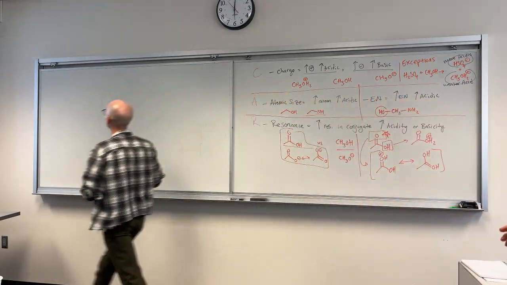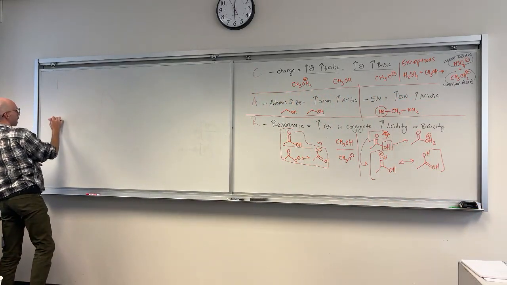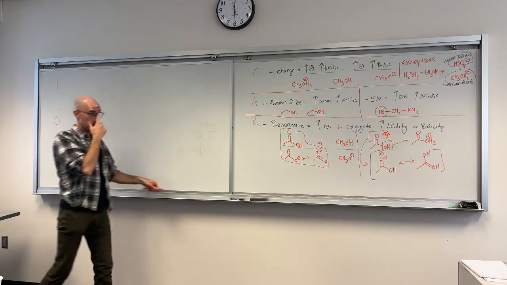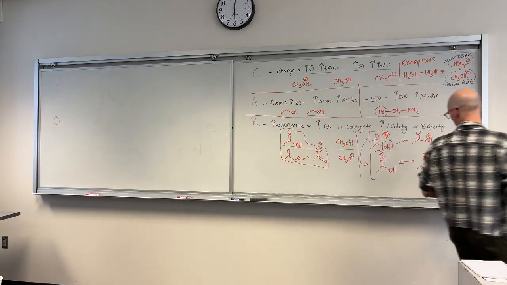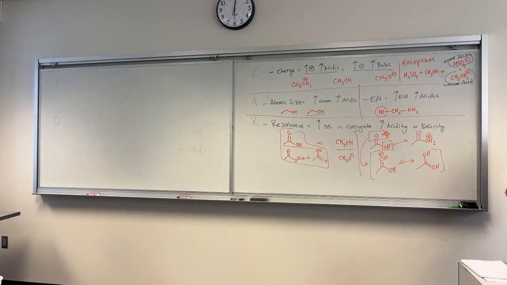If it could, would the resonance be equal? I'm not quite sure. No, this won't take on 2 bonds. I did forget something though. Charge. I don't have my positive charge.